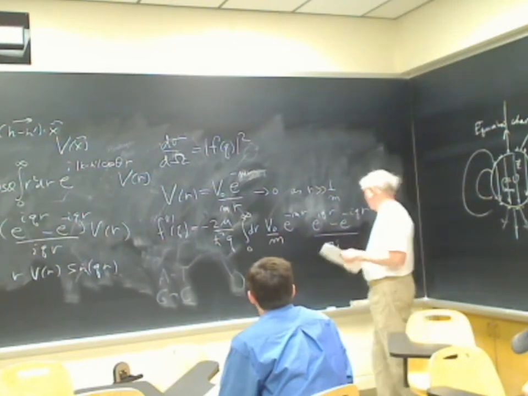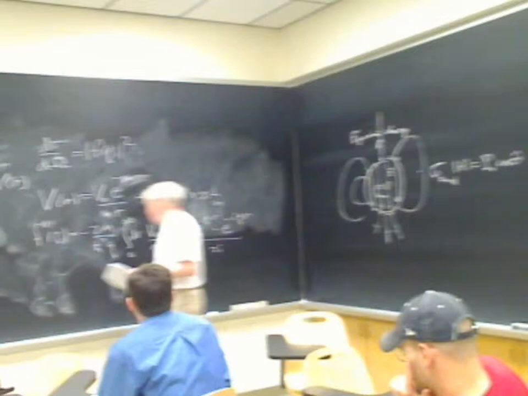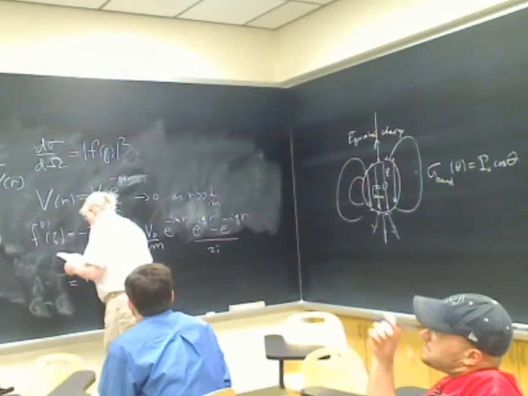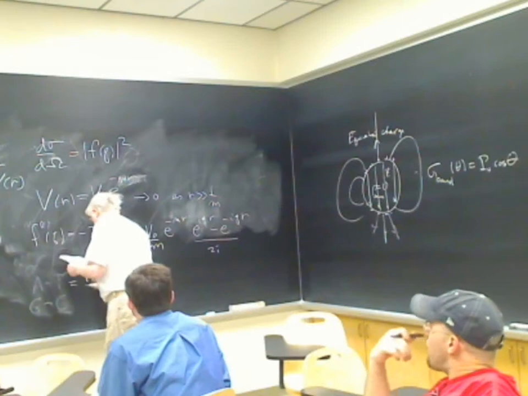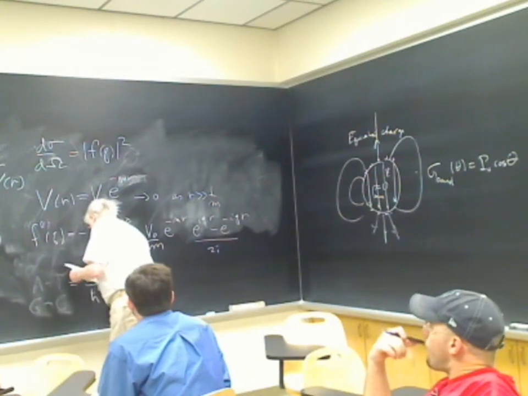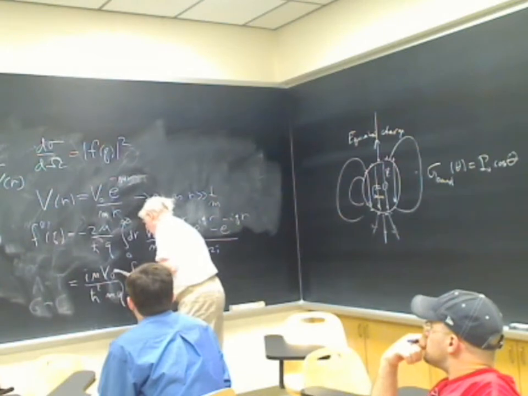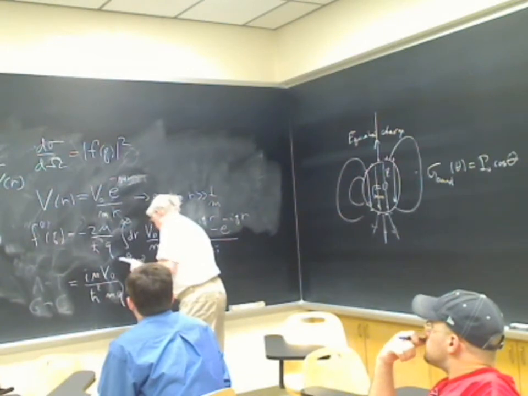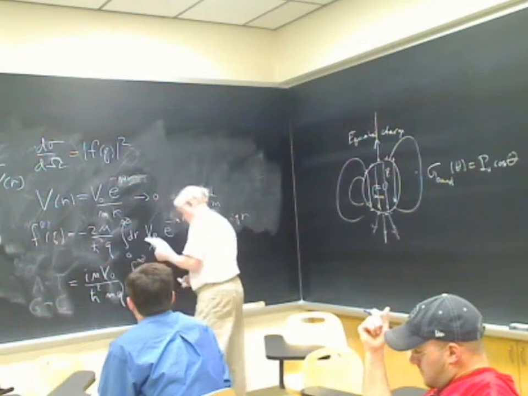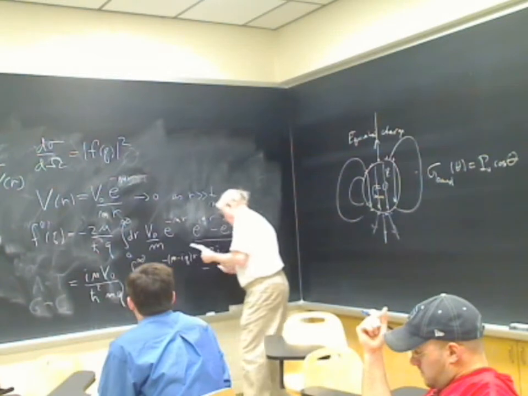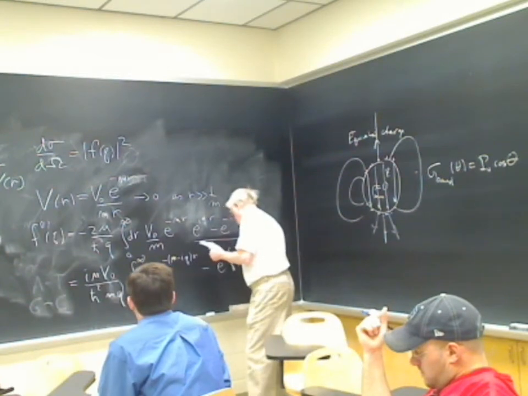All right, so let me tidy this up a little bit. This is, in other words, i mu V0 over h bar squared m q, integral 0 to infinity dr, e to the minus m minus i q r minus e to the minus m plus i q r.